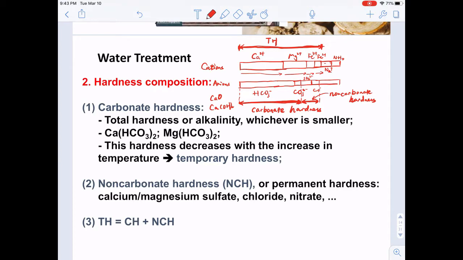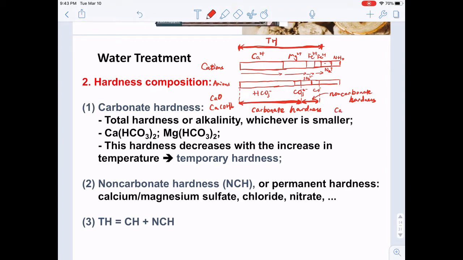Okay, we can introduce either calcium oxide or calcium hydroxide into water, so that this will help form calcium carbonate, magnesium hydroxide, or these ferric or ferrous carbonate or hydroxide, so that we can remove these carbonate species, right?